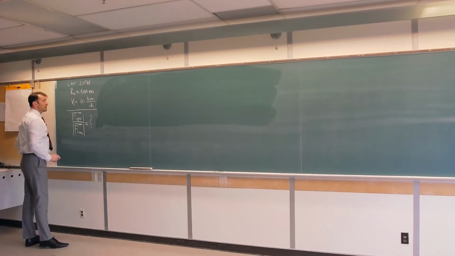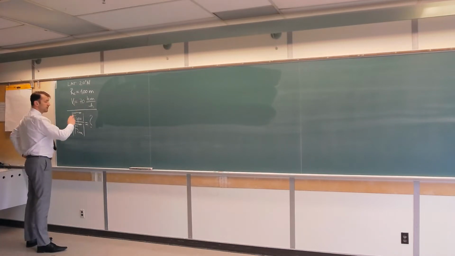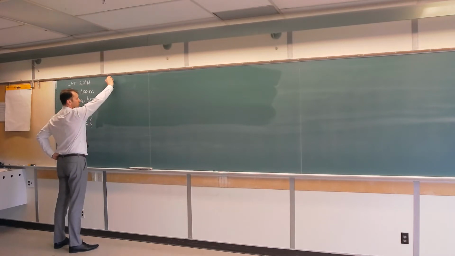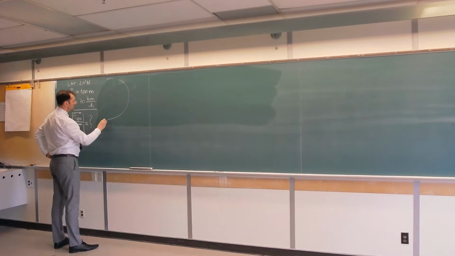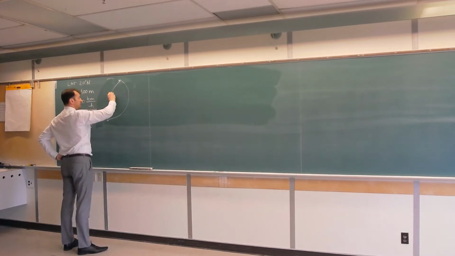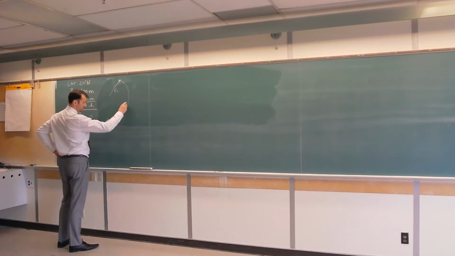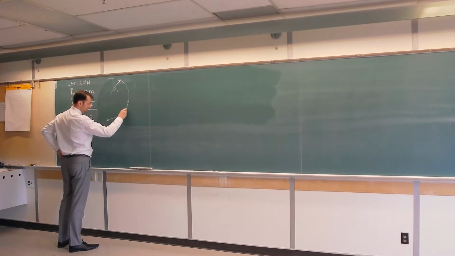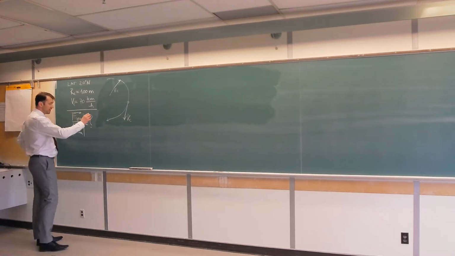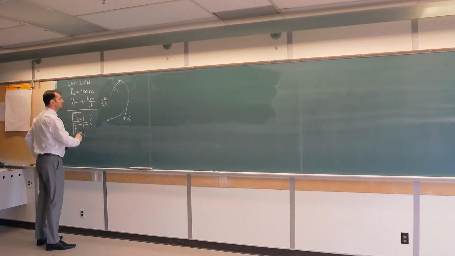So the problem says you are in your Range Rover at 20 degrees north, the radius of the curvature that you make, so if this is the center of the curvature, let's say you make this sharp turn like so, and the radius of this curvature is RC, 100 meters, and you are moving with the velocity VC, which is 70 kilometers per hour, which I believe is approximately 19 meters per second.